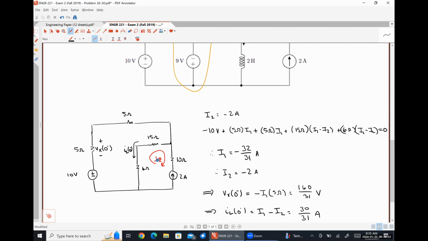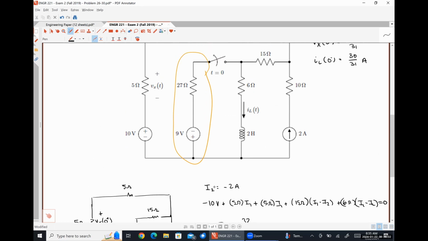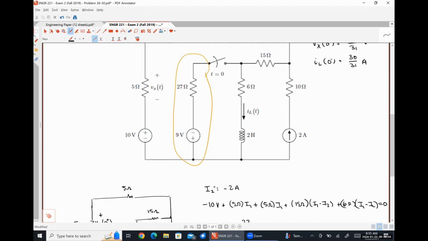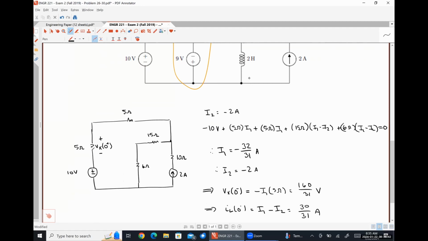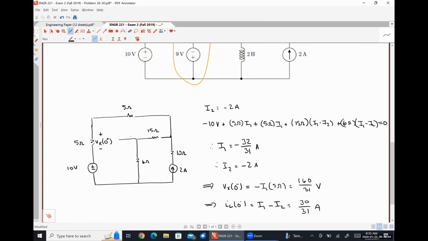And now I'm going to erase some stuff. So at t is equal to 0 plus, now this 9-volt source, positive polarity on bottom, and 27 ohm resistor are effectively being switched into the circuit. So they should be in here now. Here's my 27 ohm resistor, and then here is my 9-volt source like so.